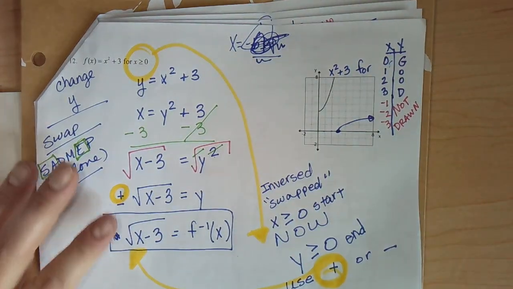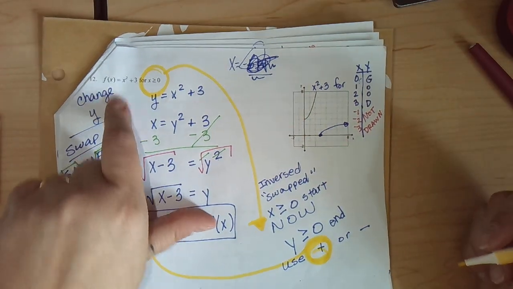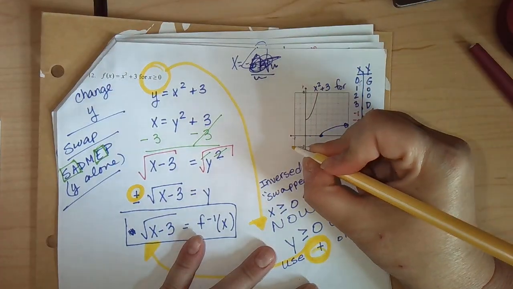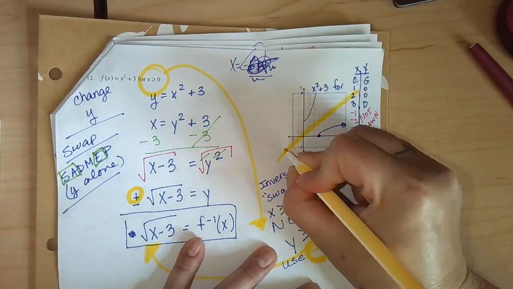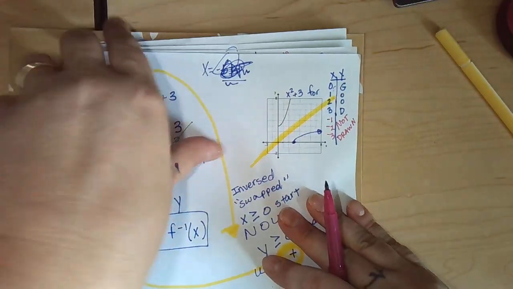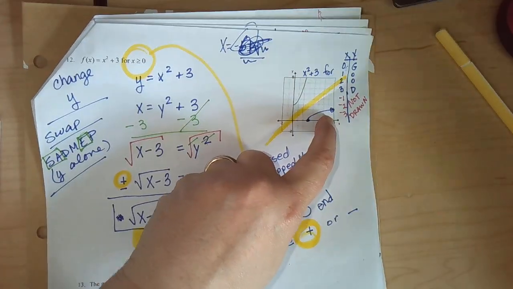Okay, so let's go over this. I started with a squared, like a parabola, and I ended with a square root. That's because they're inverse operations. They're like opposites. I started with this top hook, and when I reflected it, or folded it over that diagonal, it landed on the second little hook.